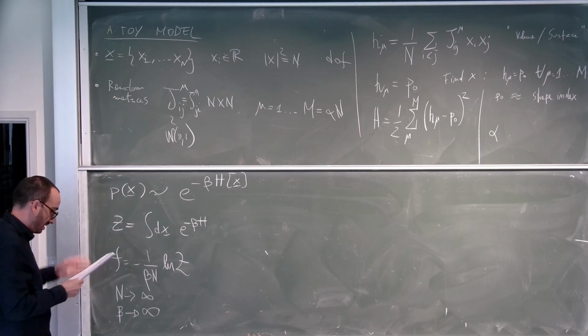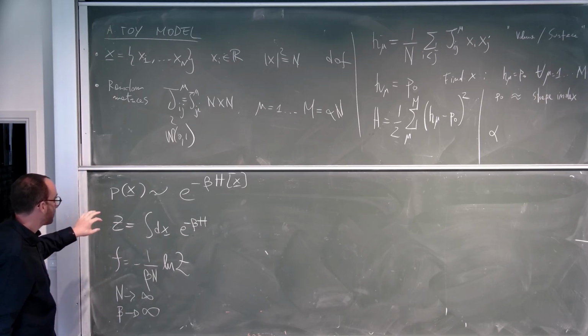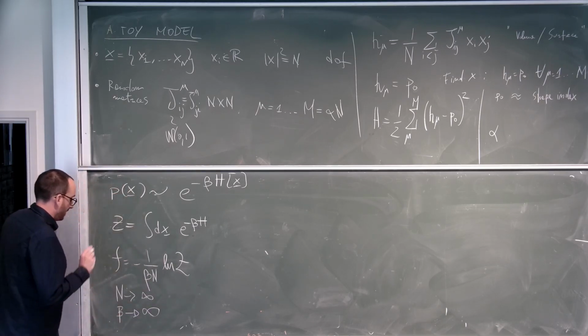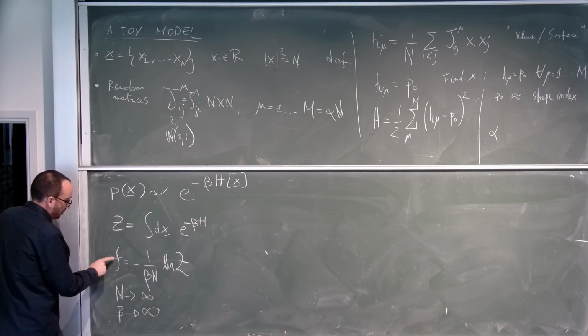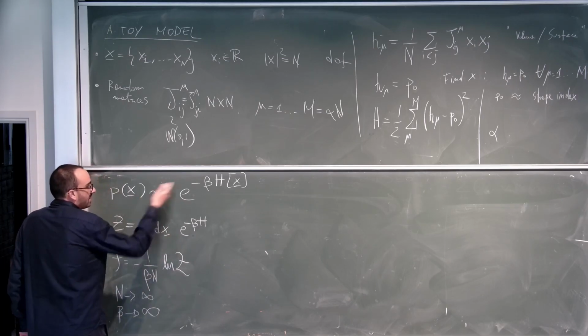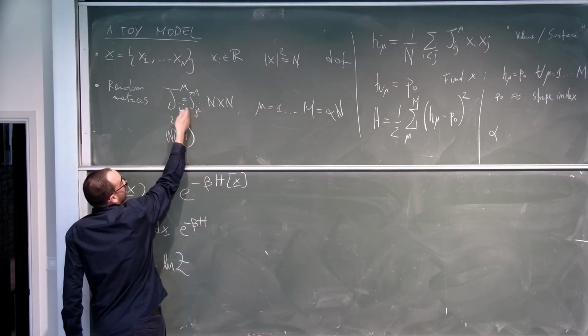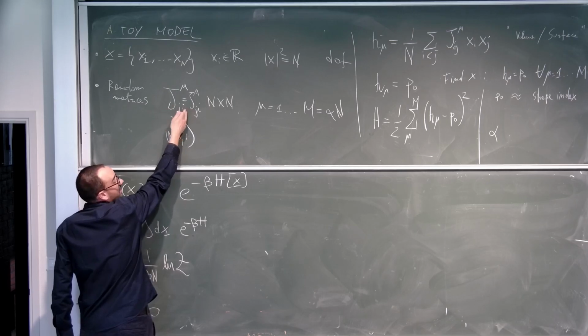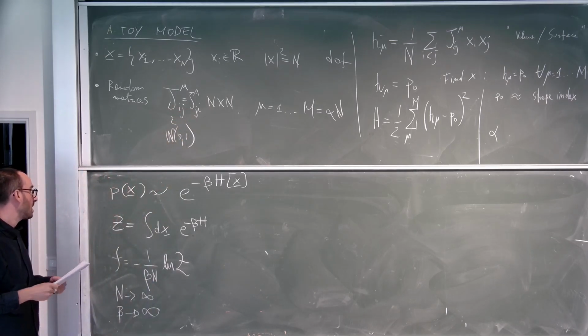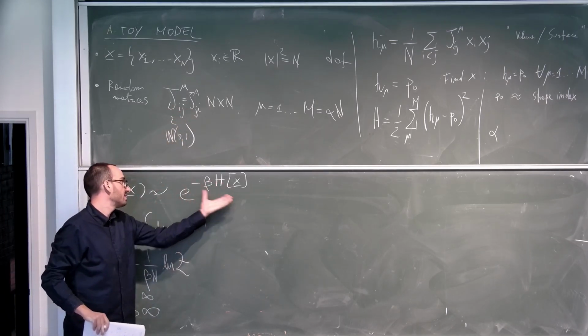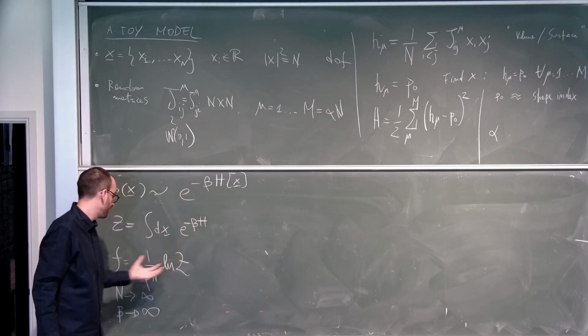So this thing can be studied. In particular, this measure is a random measure because it depends on these matrices and tensors. What you would like to understand is the typical behavior of this measure and the free energy.